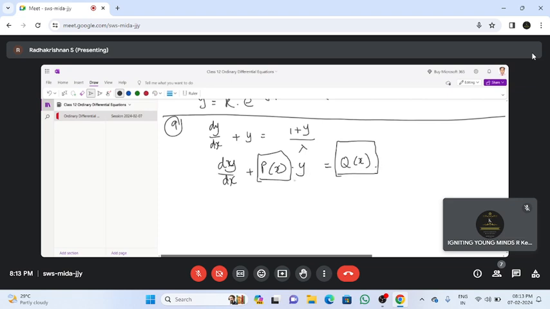If we write it in that form, then the integrating factor is given by what?